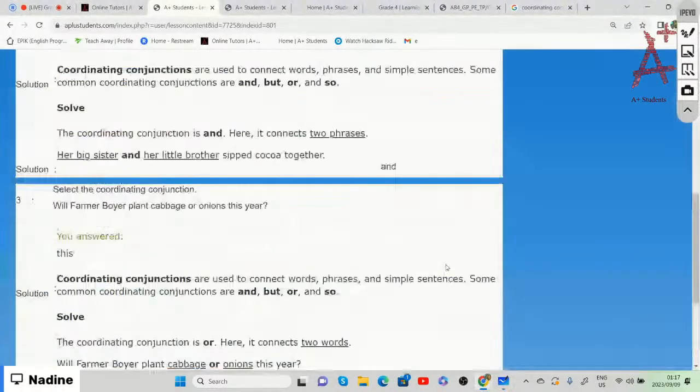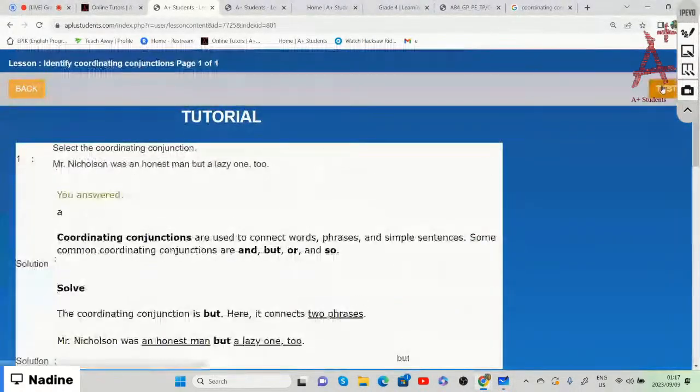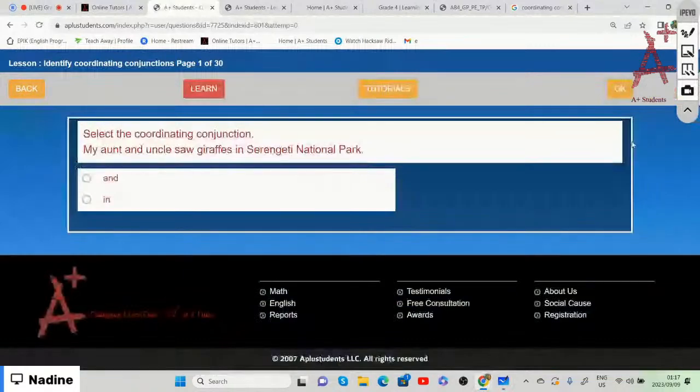All right. So now we're going to our test where we are going to select the coordinating conjunction. And remember, we said that the coordinating conjunction either joins words, phrases, or sentences. My aunt and uncle saw giraffes in Serengeti National Park.